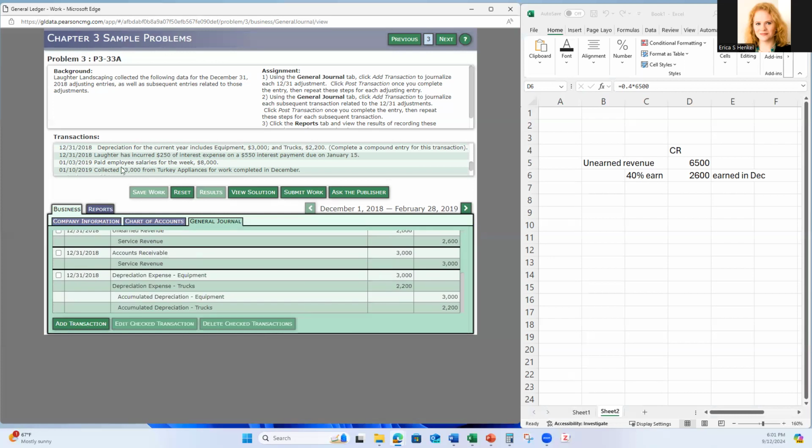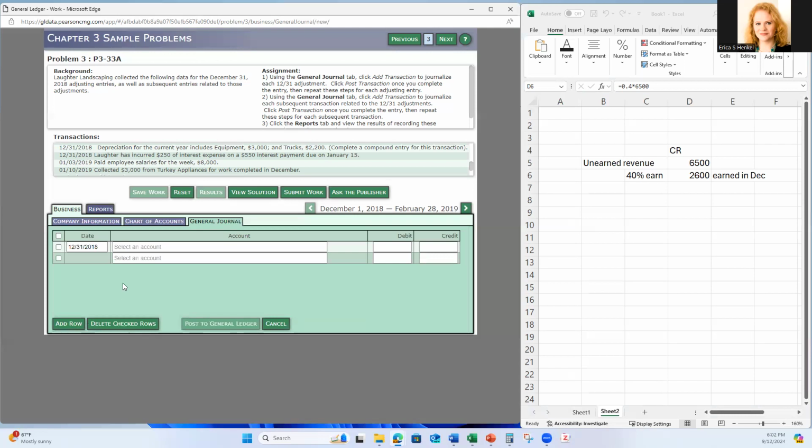The next entry, Laughter has incurred $250 worth of interest expense on a $550 interest payment due on January 15th. So half of a month of interest, like say we're paying this monthly on December 15th and January 15th, our loan payment, we are going to record the amount of accrued interest that we had as of the end of the year.